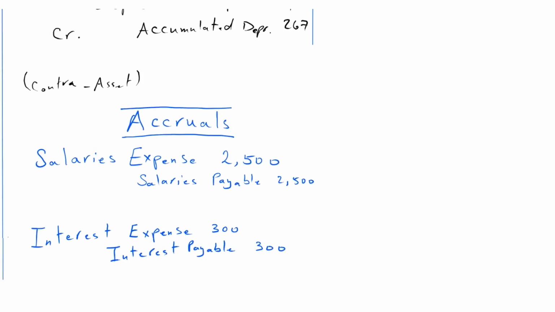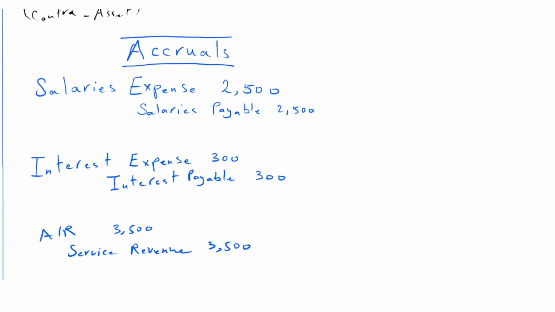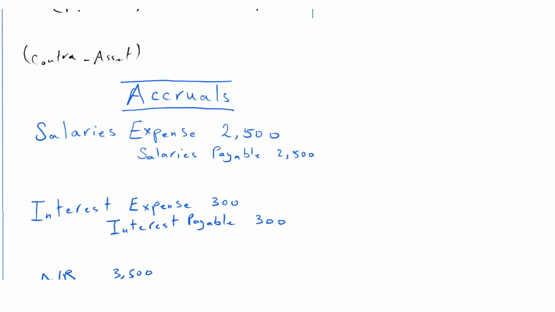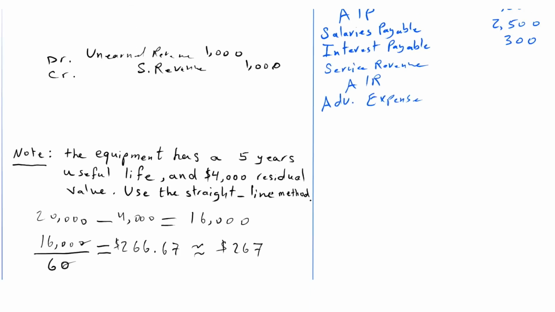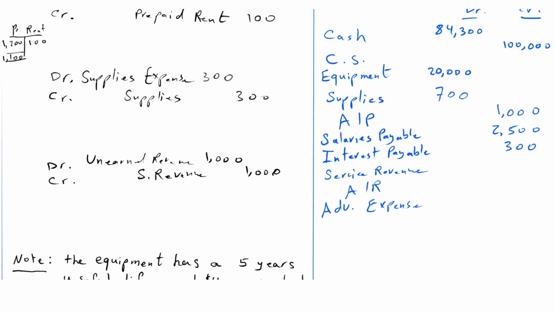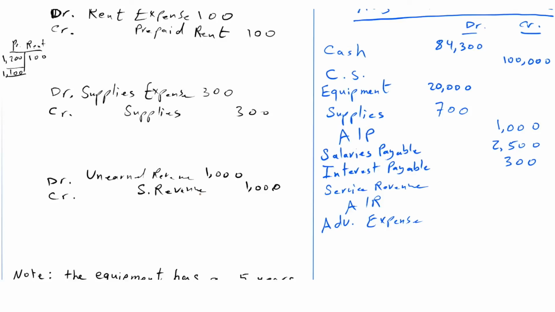There's nothing. Oh yeah, there's accounts receivable, service revenue here. It was credited by $3,500. So we need to add $3,500 to whatever balance we had for revenue. Oh, there was another one here. Service revenue, that was also an adjusting entry, $1,000. So 3,500 plus 1,000, that's $4,500.